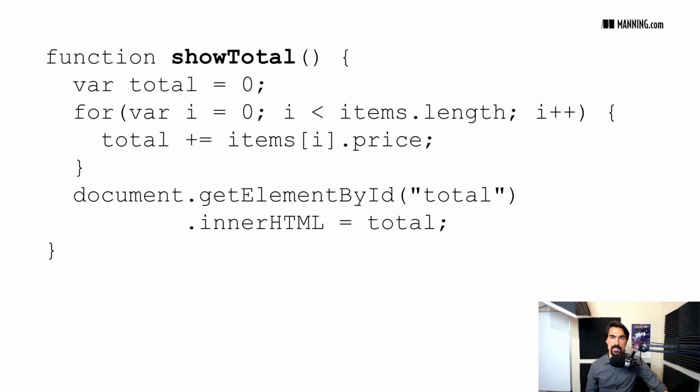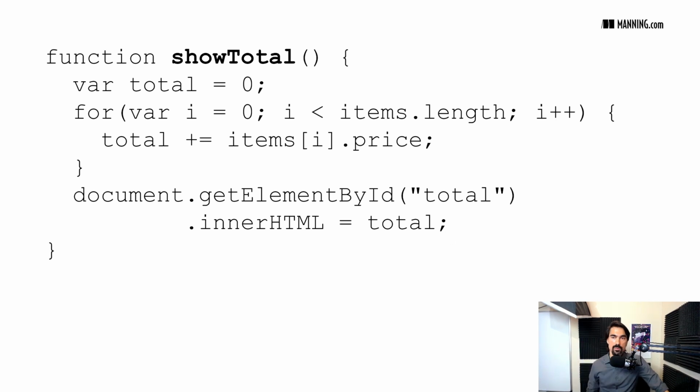It initializes total to 0. Then it loops through the items in a for loop. Items is some global variable somewhere. And it's going to add the price of each item to the total. And then at the end, it's going to set the inner HTML property of this DOM element to total. So it will show it in the web page.